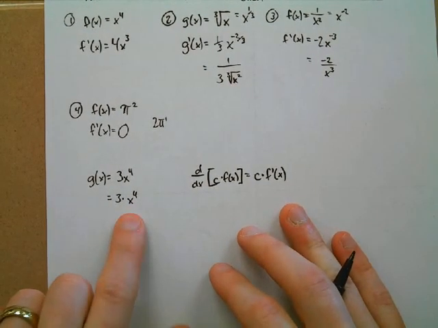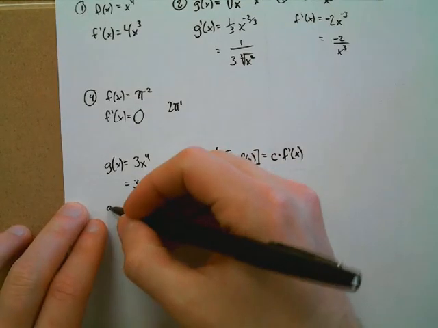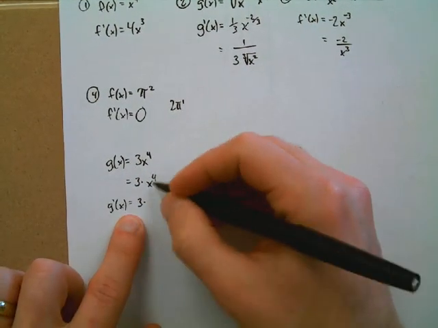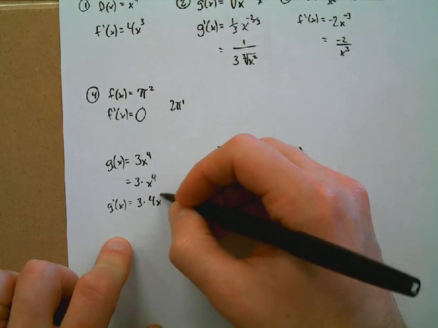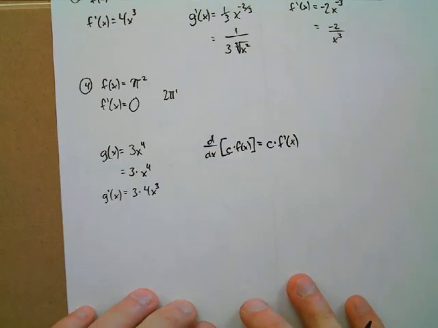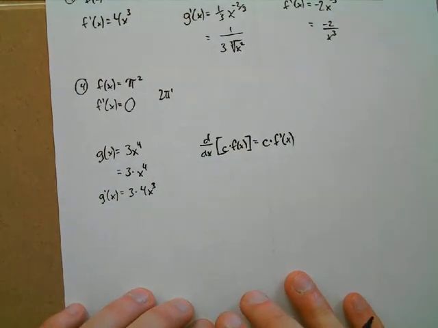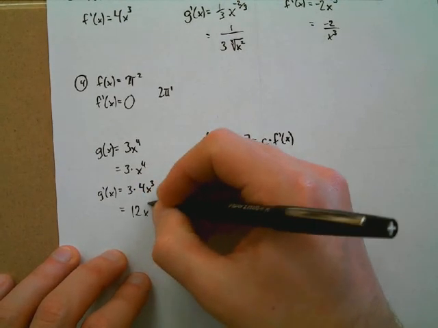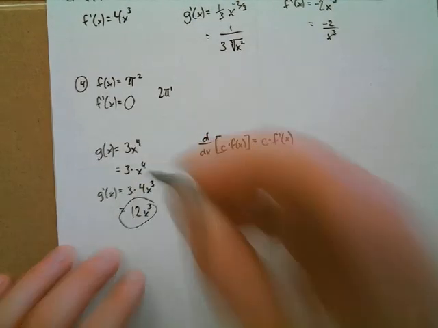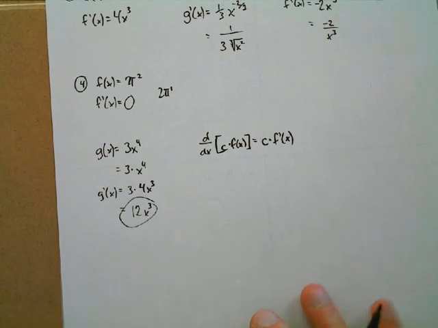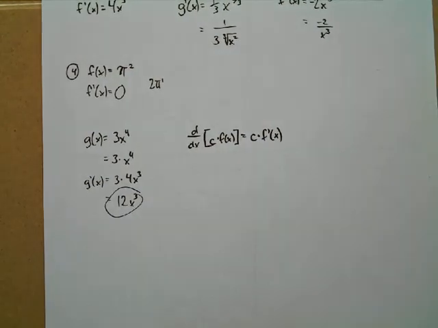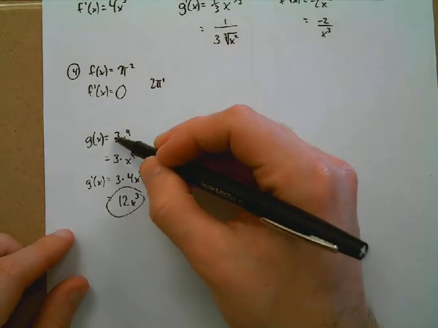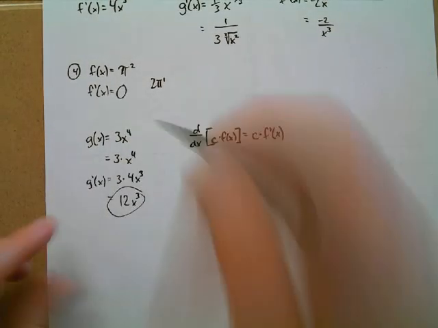Okay? And then one other thing I'm going to show you too, and that's if we have a sum or a difference of terms. What if we want to take the derivative of a polynomial? Well, as it turns out, the derivative with respect to x of a function plus or minus another function is simply the derivative of the individual parts added or subtracted.